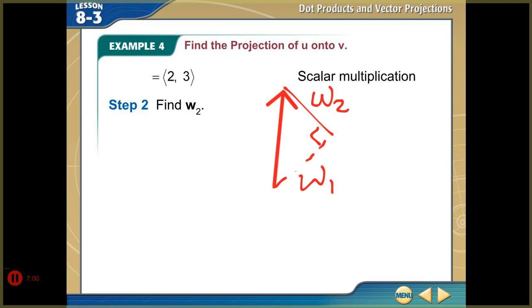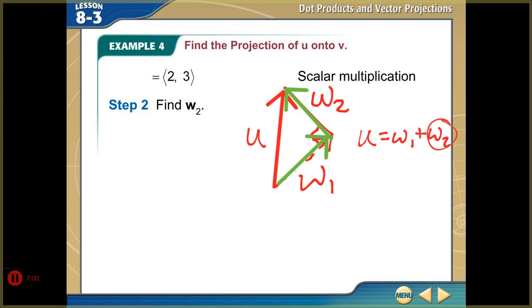All right, and so we can see that we've added these two vectors together. So vector u is right there. If I was to draw these as vectors, we go from W1 and then W2 going head to tail, what that means is vector u equals W1 plus W2.